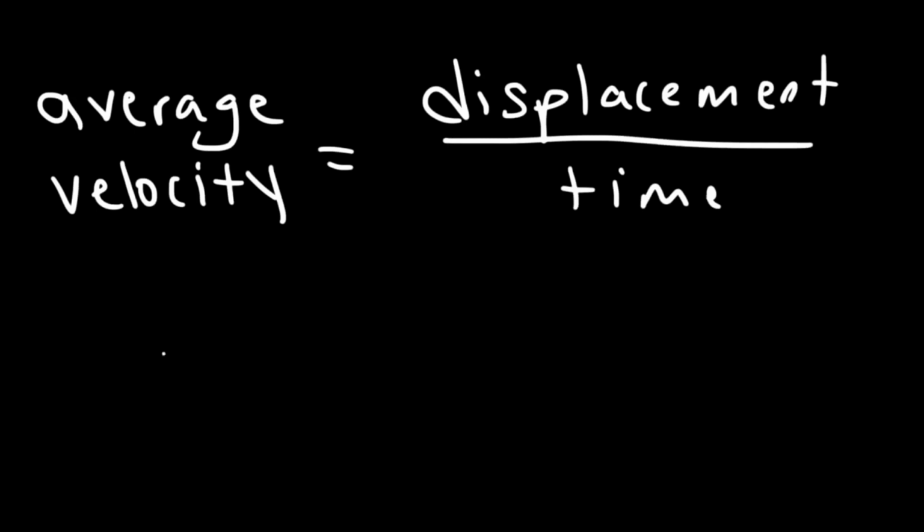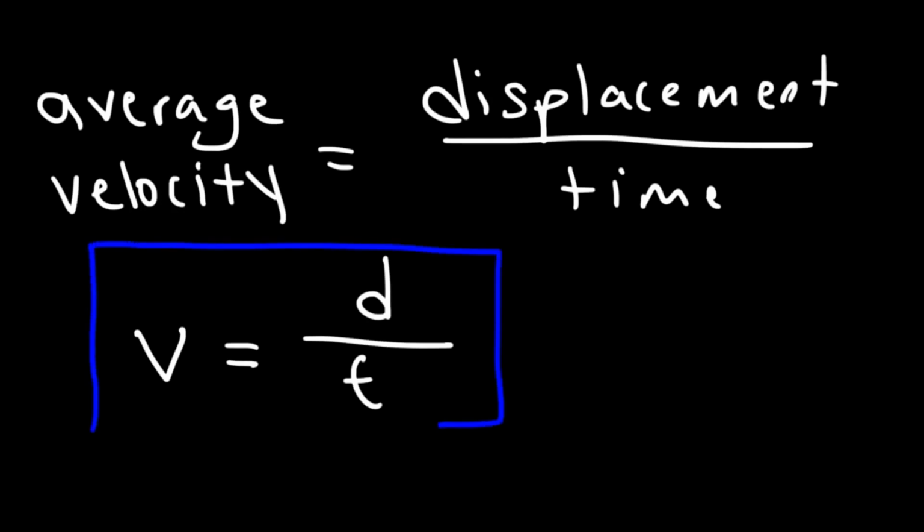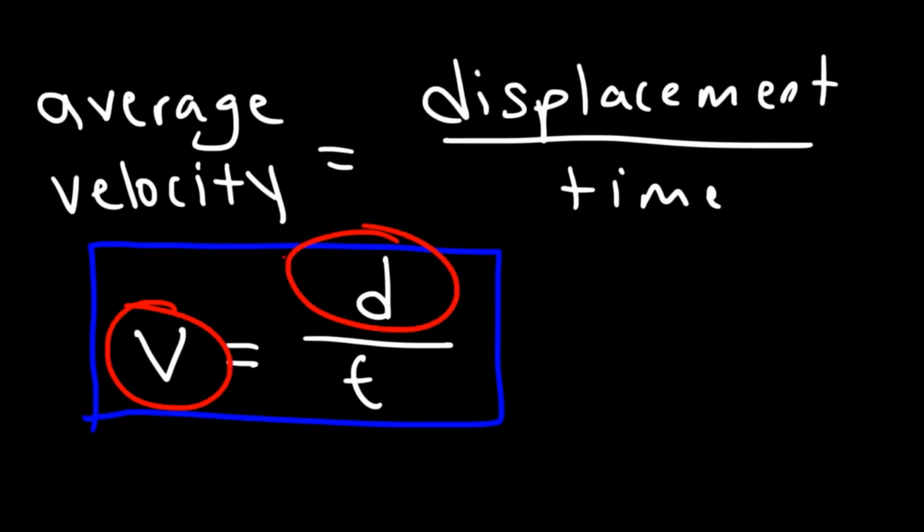Average velocity can be represented by v, displacement can be represented by d, and the time is t. So the formula looks identical, but the meaning is absolutely different. So keep this in mind. Velocity is associated with displacement. Speed is associated with distance.